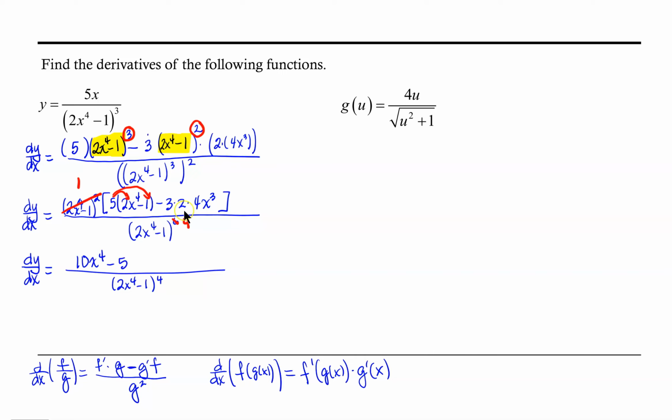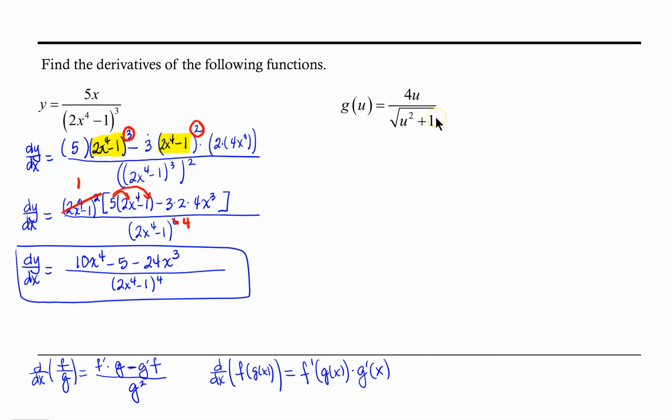And then we have 3 times 2 times 4, so 6 times 4 is 24, minus 24x cubed. So there is our derivative of 5x over the quantity 2x to the 4th minus 1 cubed.